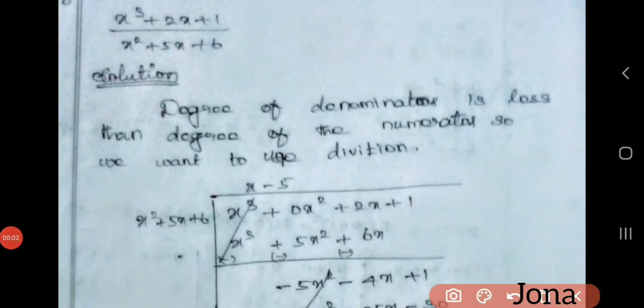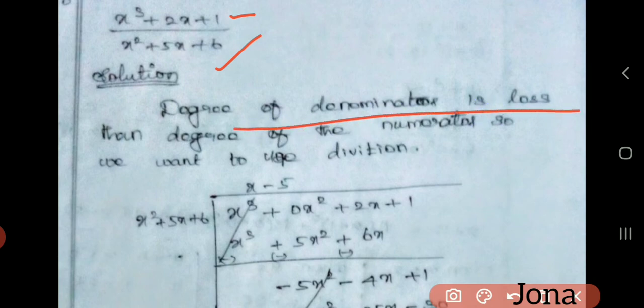Next problem, x cubed plus 2x plus 1 divided by x squared plus 5x plus 6. Even here also we have the degree of the numerator is 3 and the degree of the denominator is 2. So here the degree of the denominator is less than the degree of the numerator.